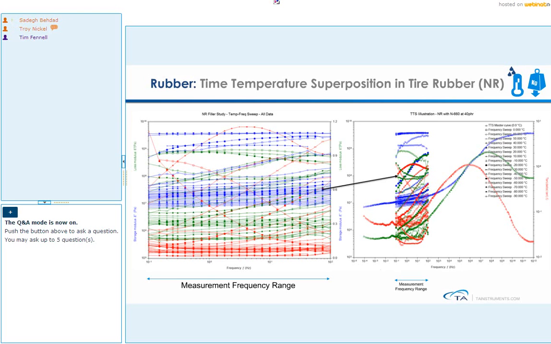So you're doing temperature steps at various frequencies. You get a lot of data points, and then you are shifting these along the x-axis. So our TRIOS software helps you do that. And when you move these, they are like pieces of a bigger curve that we call a master curve. And that master curve is going to be over a much larger frequency space than what you tested.